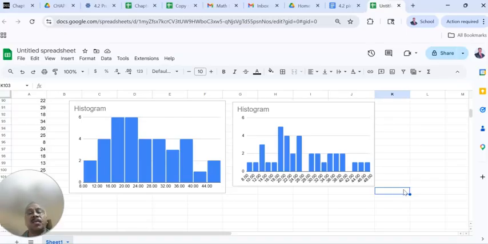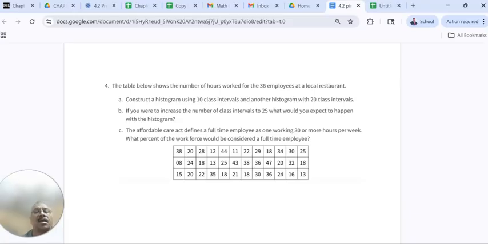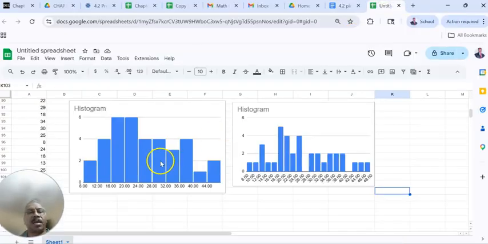And then there's one last question, number C. If you see in question C, it says, the Affordable Care Act defines a full-time employee as one working 30 or more hours per week. What percentage of the workforce would we consider full-time? Now, if you go back to this graph, in this case the 30 is in between 28 and 30.